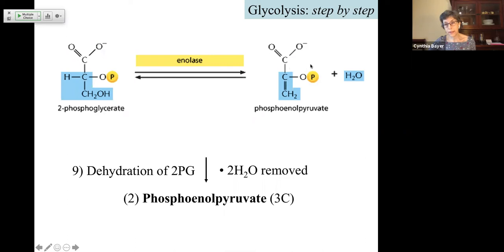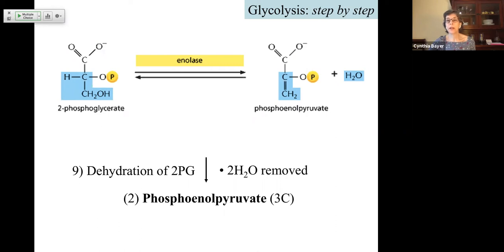And again, this is now a very high free energy, essentially a very highly unstable bond between this carbon and this oxygen and this phosphate. We call this phosphoenol pyruvate.